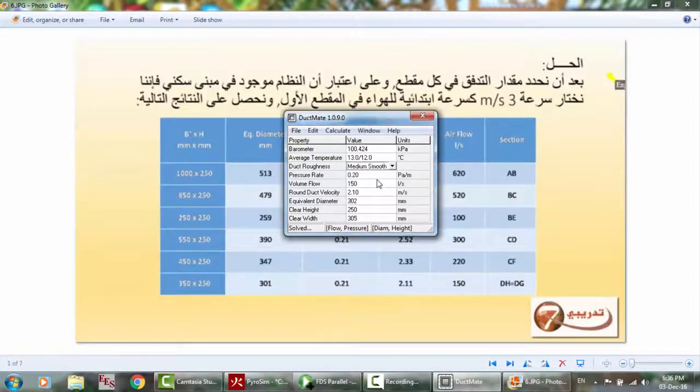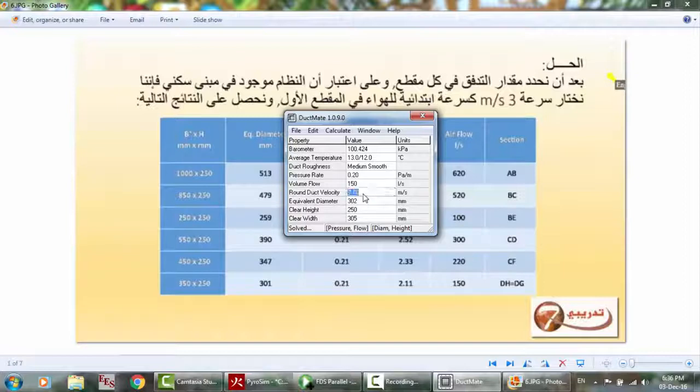the change of the pressure rate, but here I think that there is a problem, but it doesn't matter. What only matters is the pressure rate. You input it and make it fixed, and here you change the volume flow rate, and you get the round duct equivalent diameter after setting this for the first time, as we did.